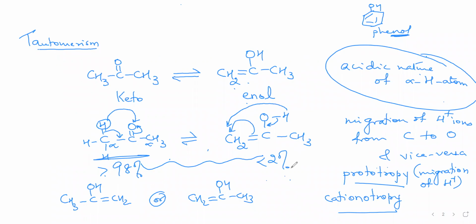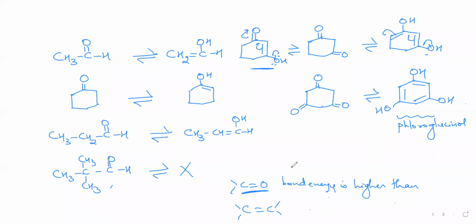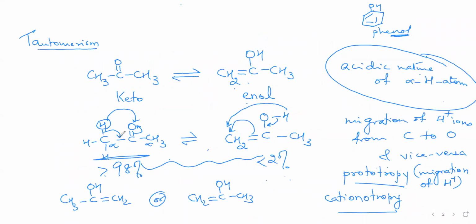But इसमें थोड़ा enol ज्यादा होगा. इसमें enol ज्यादा क्यों होगा? Because इसका enol aromatic है. Correct? इसका enol aromatic है तो इसमें enol content थोड़ा ज्यादा होगा. But इसमें keto content ज्यादा होगा, because C double bond O is more stable than C double bond C.